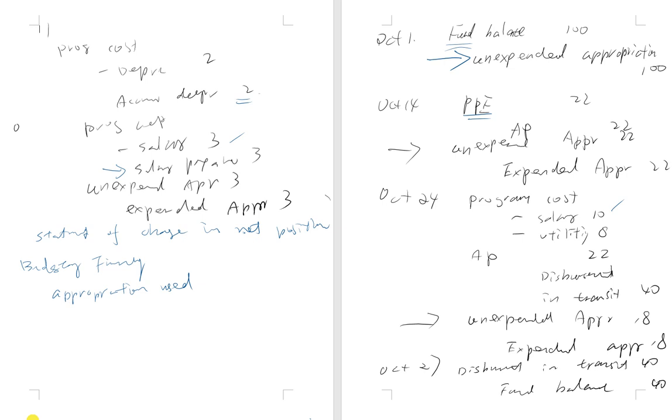You can check how much we have used of our appropriations. So we have 22, used appropriations, then 18, and then 3. So appropriation used will be 43. Okay.